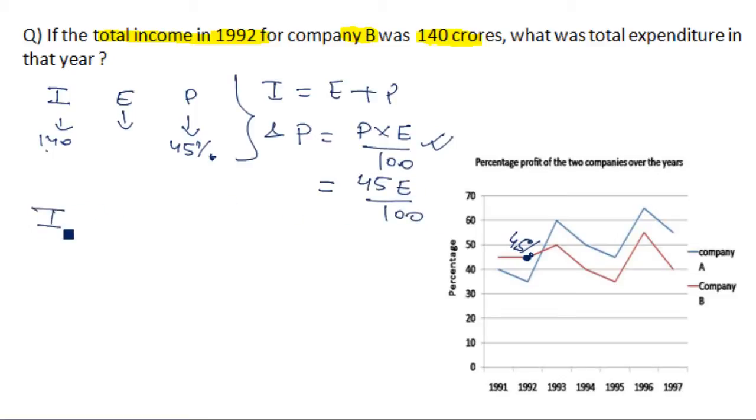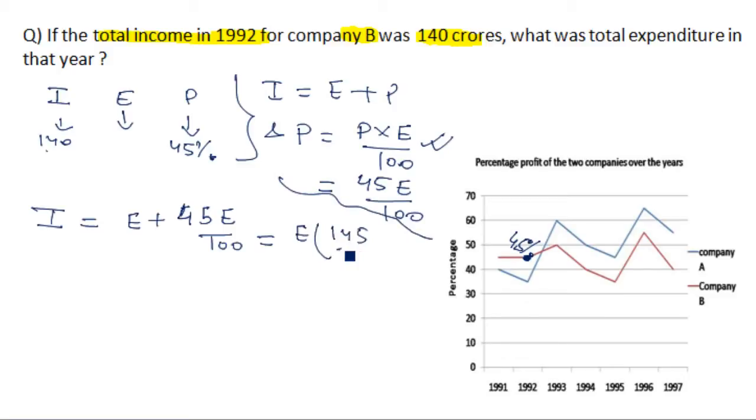So income becomes E plus 45 E by 100, and that is E taken out and 145 by 100, right? So now we can calculate E from here. I is given, I equals E into 145 by 100.